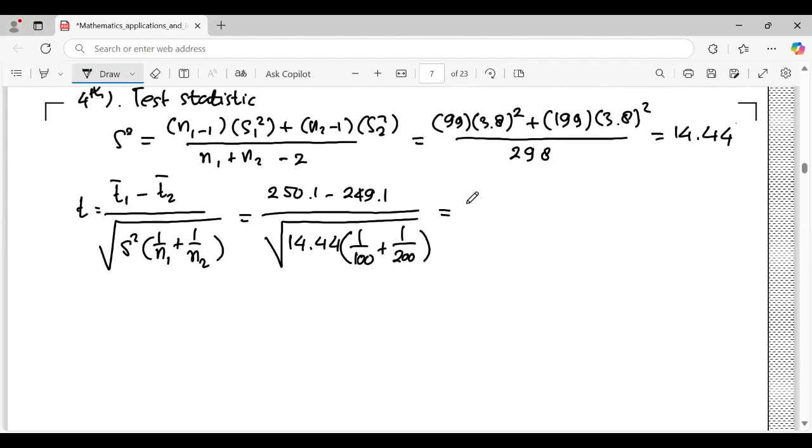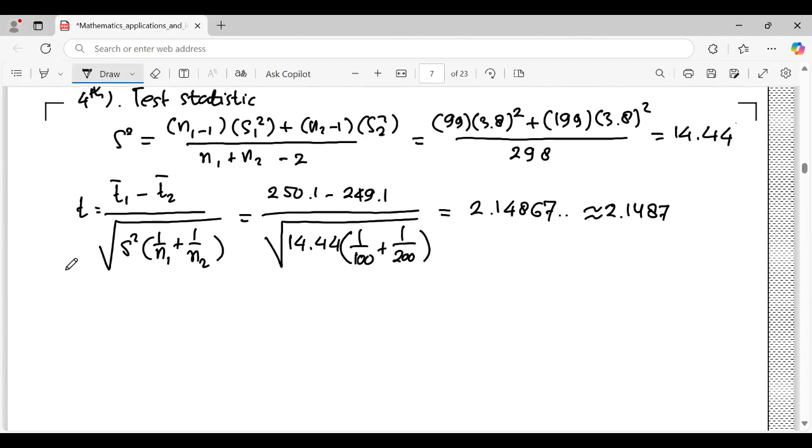If you calculate, the result is 2.1486. Rounded off it becomes 2.149.